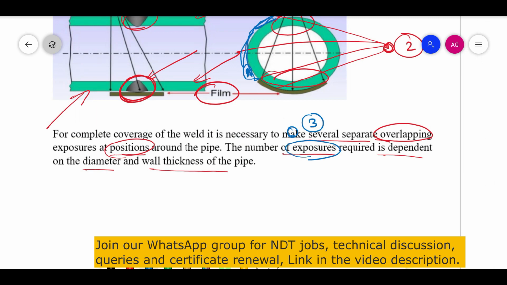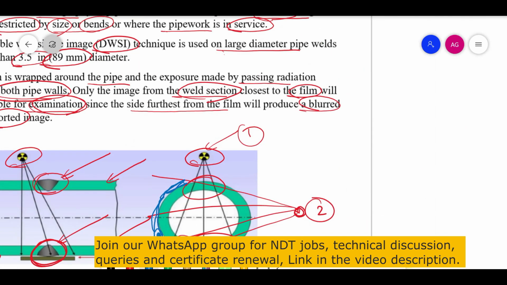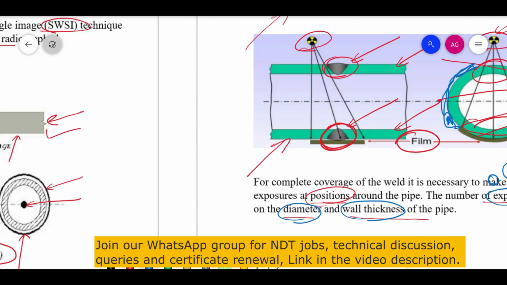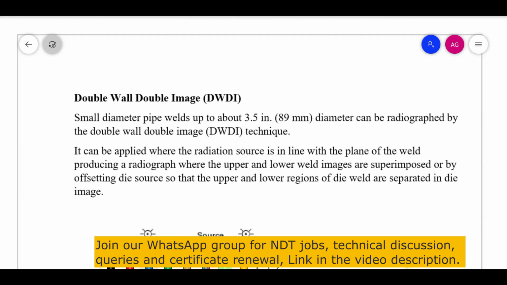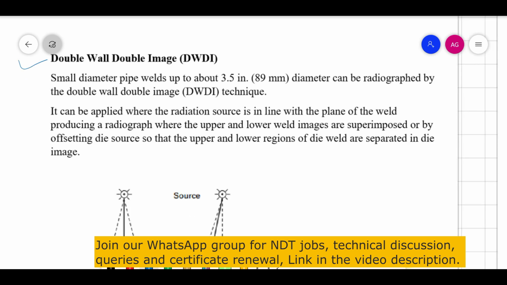So the number of exposures depends on various factors like the diameter of the pipe and the wall thickness of the pipe. So you have to take more than one exposure for this DWSI technique. After that, DWDI means double wall double image technique.